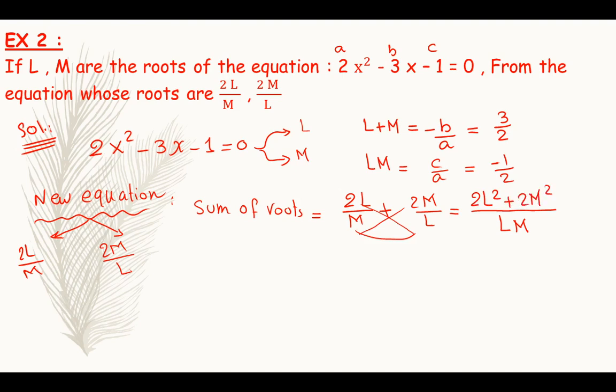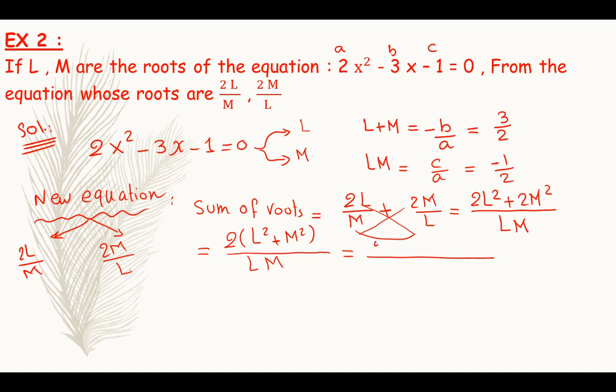Here, from the numerator, we take 2 as a common factor. So the remainder will be L power of 2 plus M power of 2 over LM. But L power 2 plus M power 2 is one of the important rules. We took it in the first slide, so we have to remember it very carefully.